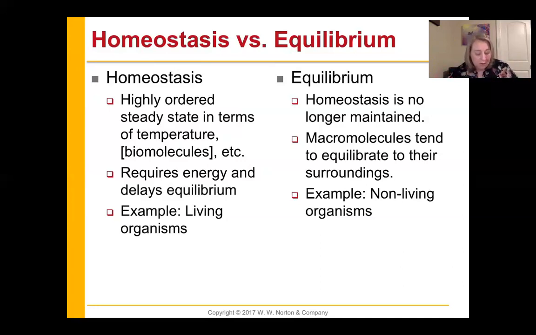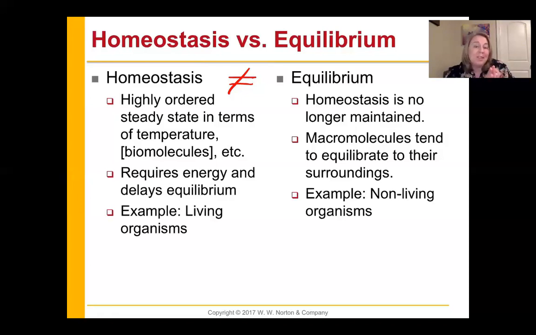Homeostasis is not equilibrium. When our cells die, then they go to an equilibrium state, and the macromolecules will equilibrate to their surroundings. So our whole life, we're requiring energy to delay this equilibrium event from occurring.